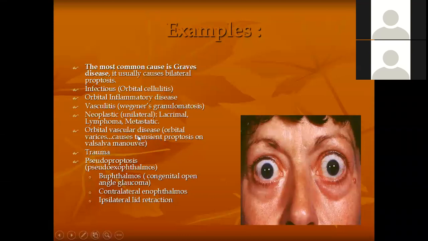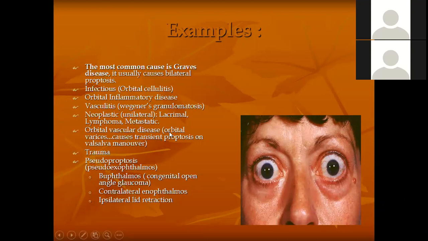Then there are vascular diseases like orbital varices. This is swelling of the veins inside the orbit. The blood vessels get dilated and then they push the eyeball forward. So how do we differentiate these varices? We ask the patient to do the Valsalva maneuver or ask the patient to cry.